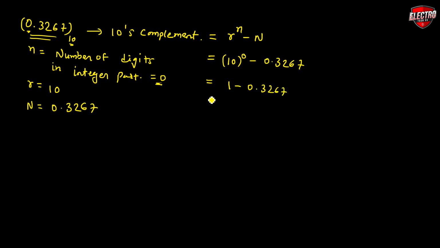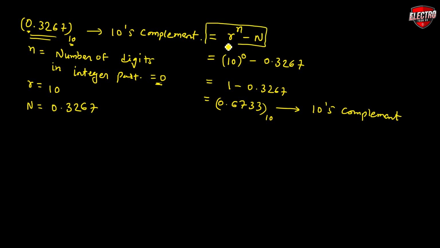If we subtract, we get 0.6733 in decimal number. This is the 10's complement for the given number. So by using the standard or general equation, we can easily find R's complement for any number. Now let us discuss R minus 1's complement for decimal number system, that is 9's complement.